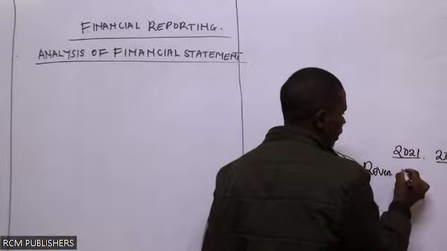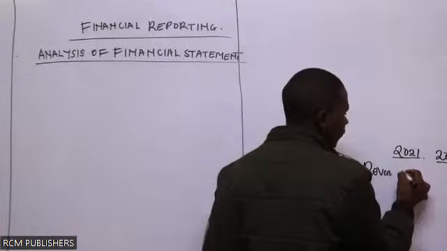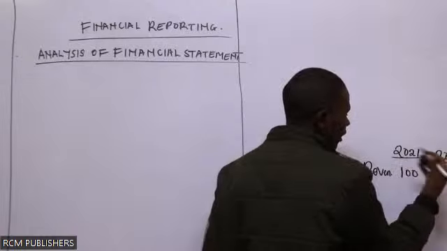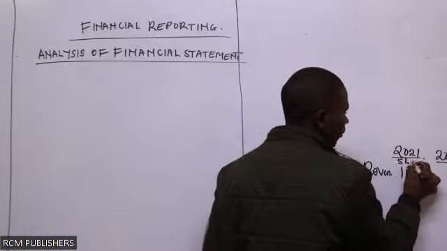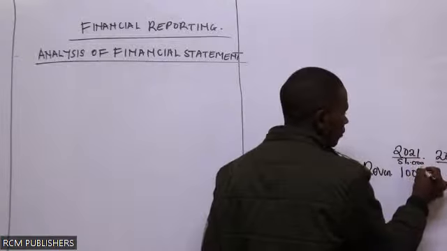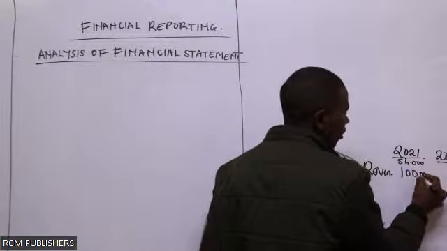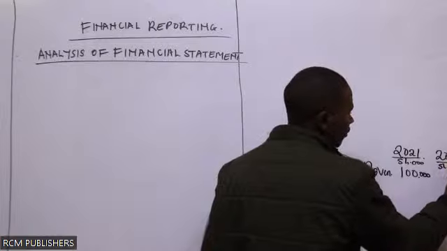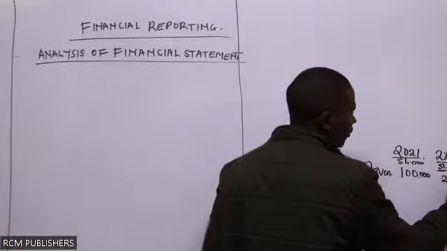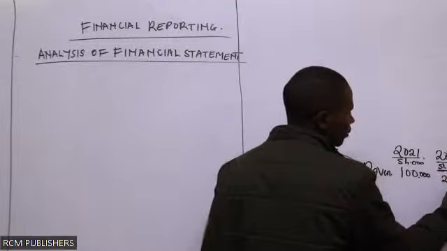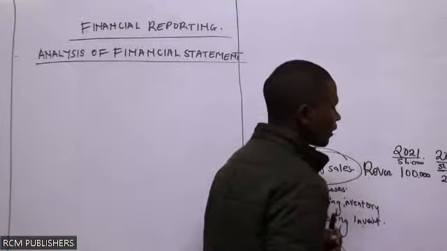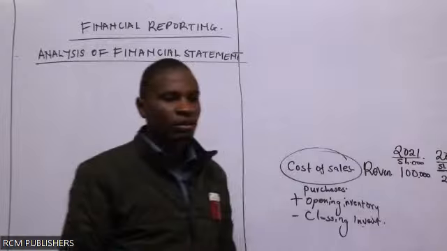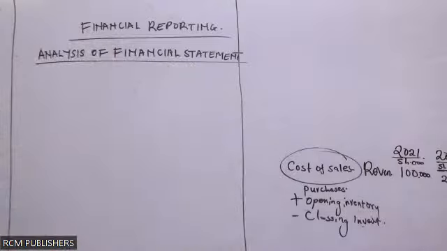Revenue 2021, I had a revenue of maybe 100,000, shares being in 1,000. And then in the year 2022, I had a revenue of maybe 200,000. Which year did our company perform well?